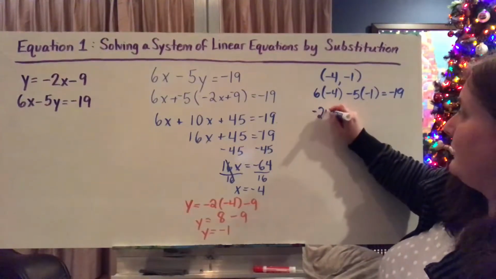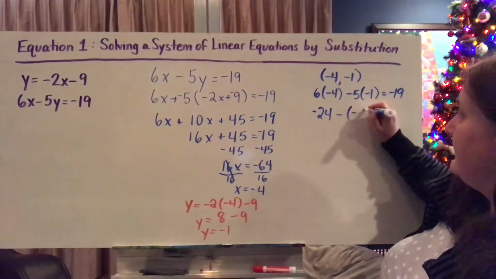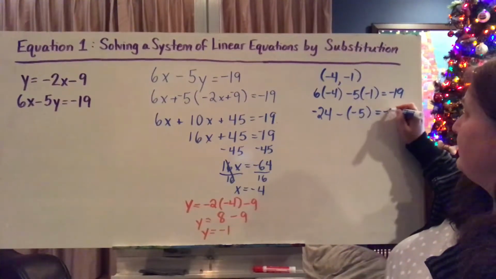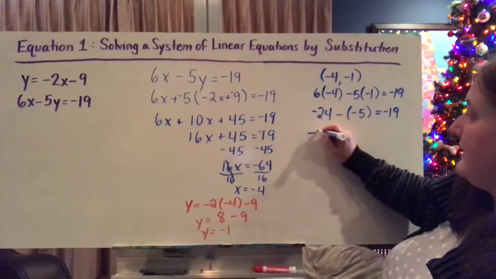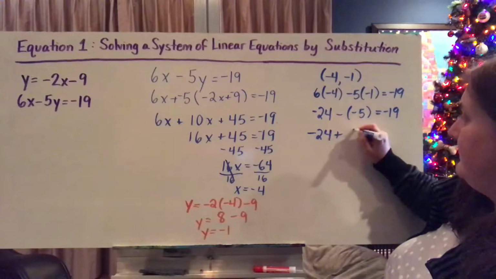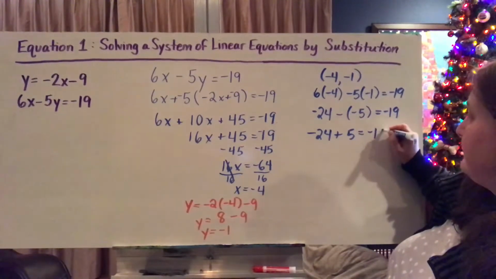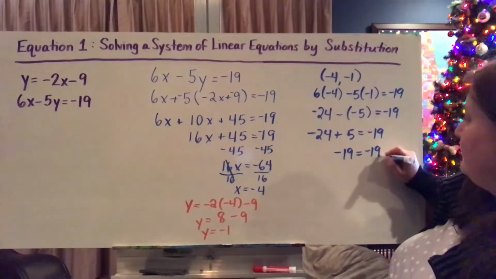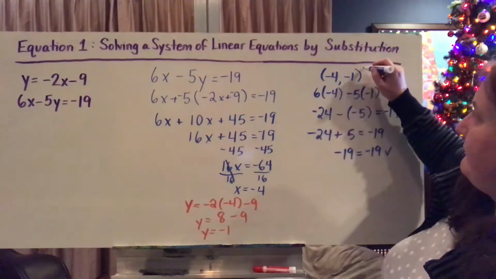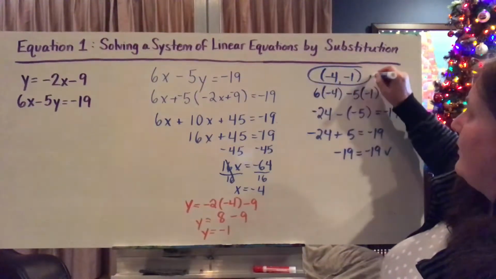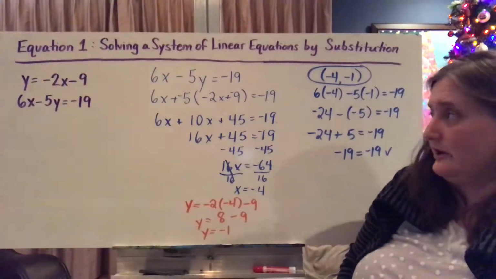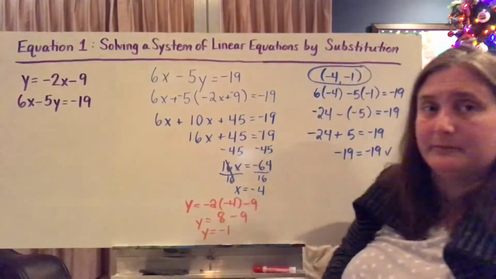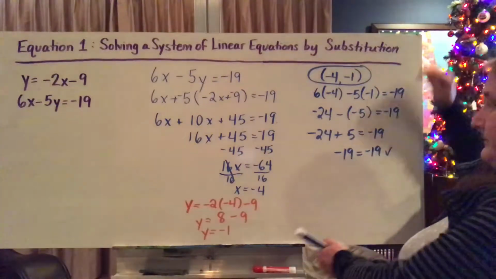So I get negative 24 minus negative 5 equals negative 19. This is the same as saying negative 24 plus 5. And that does in fact give us negative 19. So our solution checks out. So negative 4 comma negative 1 is our solution for this system of linear equations.